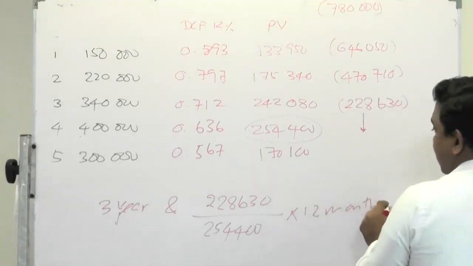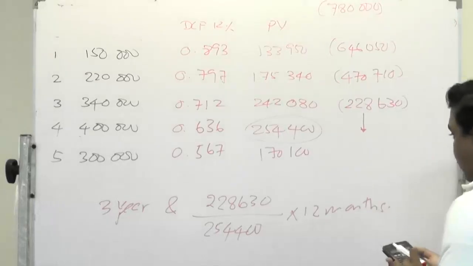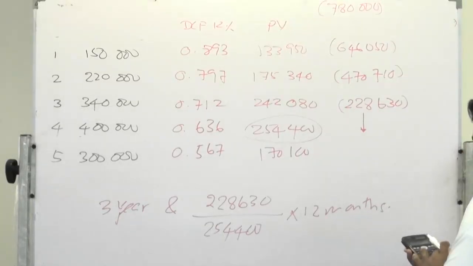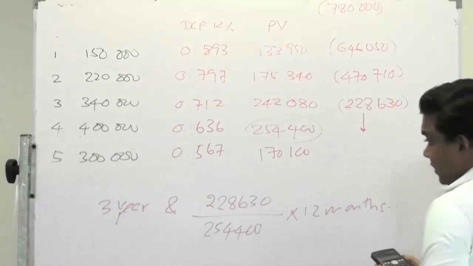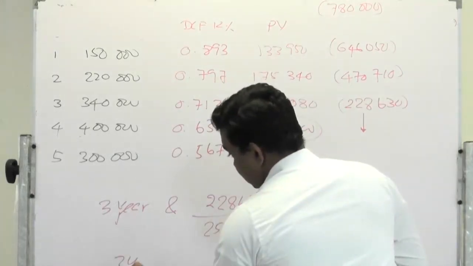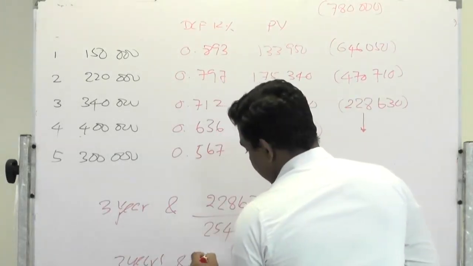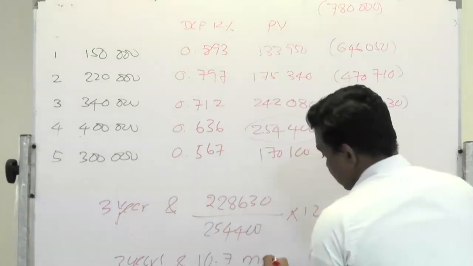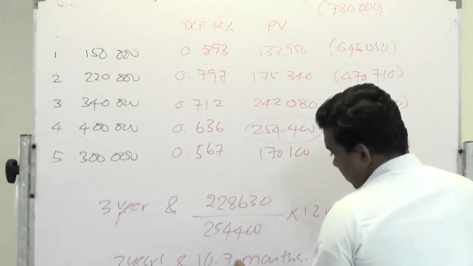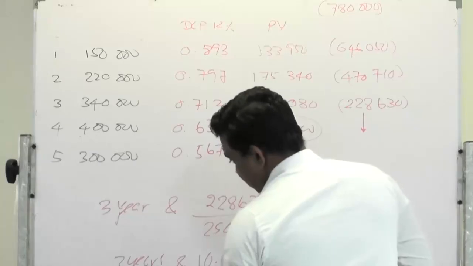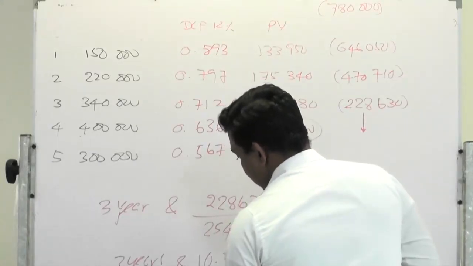Let's see the number of months. 228,630 divided by 254,400 into 12. That is 10.7, so 3 years and 10.7 months. It can be rounded because we have to provide in months. 3 years and 11 months.